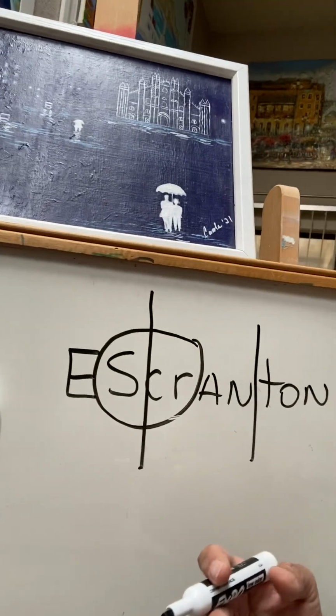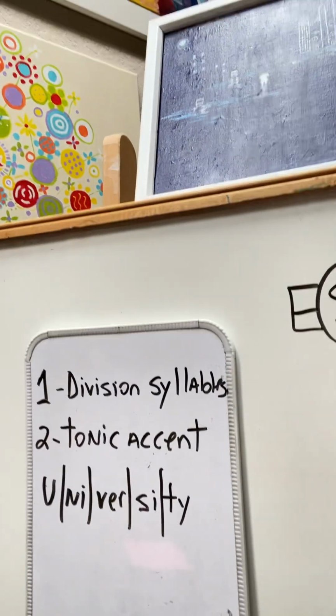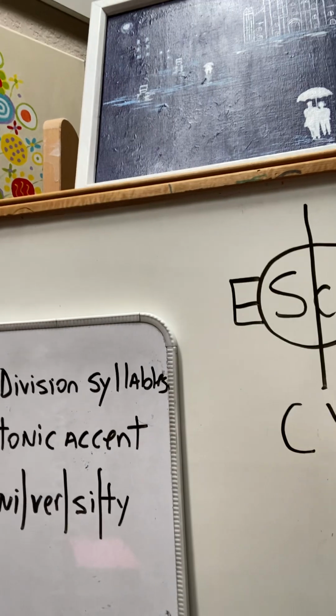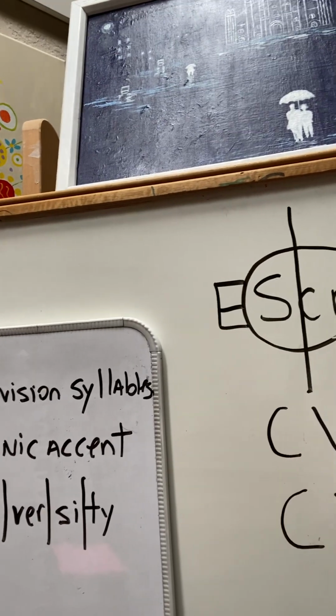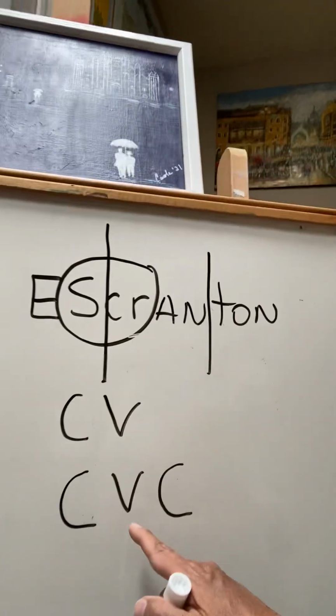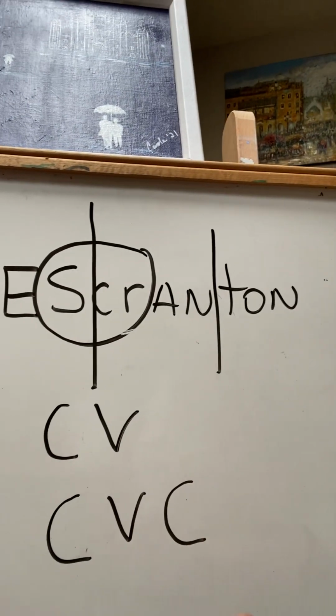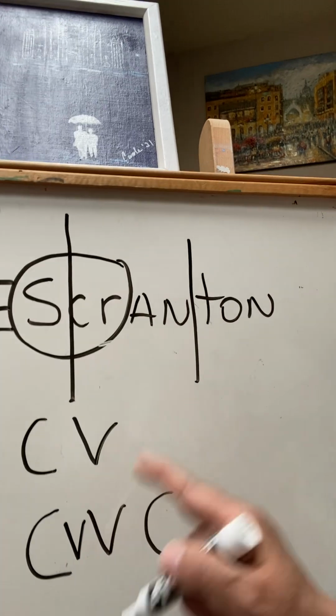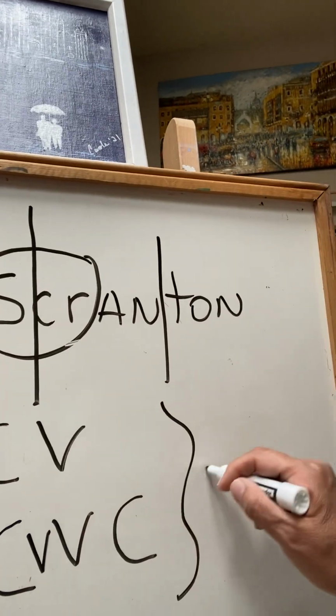Why do we do that? Because Spanish has a very easy way to say any word. You either have a combination of consonant and vowel or a sandwich, consonant, vowel, consonant. Now, that doesn't mean that here you can only have one vowel. You could have two vowels as long as everything is smooth.